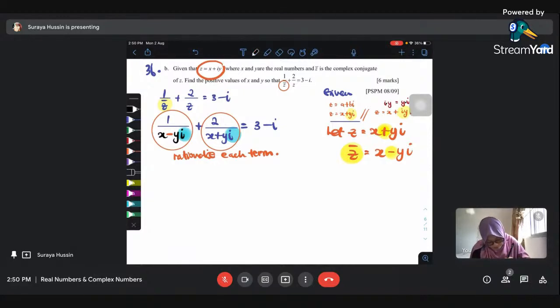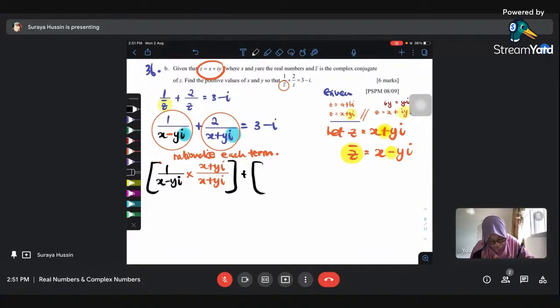Okay, so 1 over X minus YI, multiplied by X plus YI over X plus YI. This is your first term.